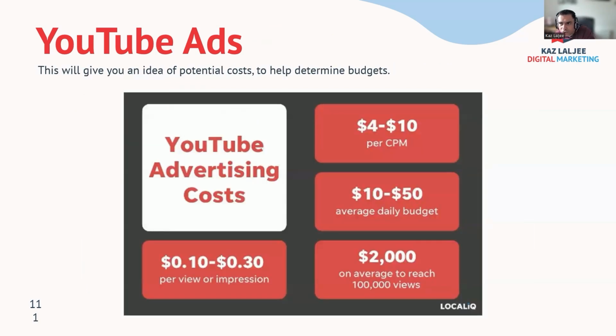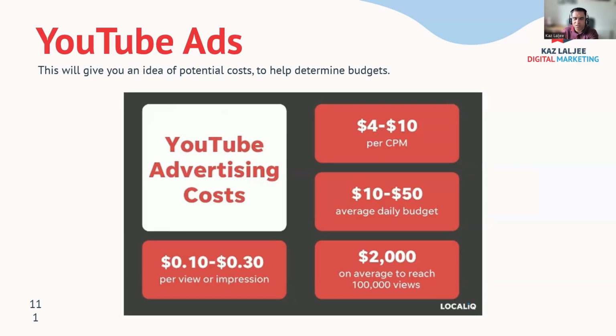So in terms of YouTube potential costs, the cost of YouTube advertising, starting at the top right there, $4 to $10 per CPM. CPM stands for cost per mille. I've never actually used that phrase, but anyway, the industry term is CPM. Basically means per every thousand.